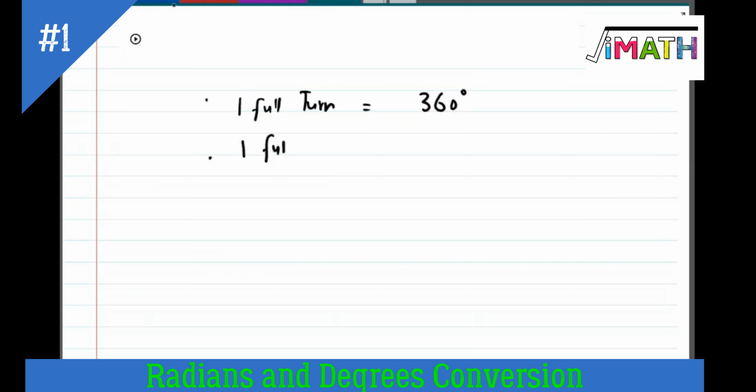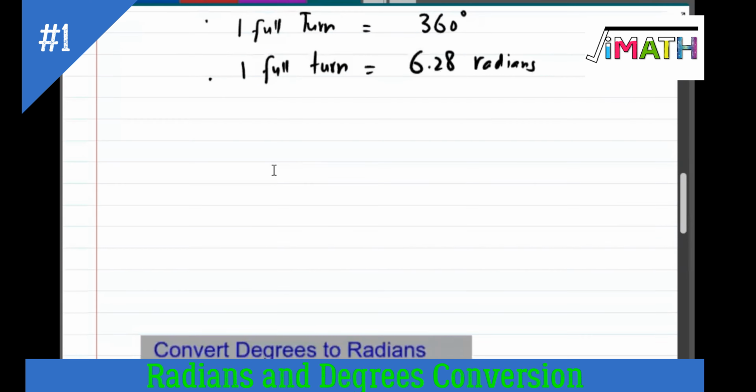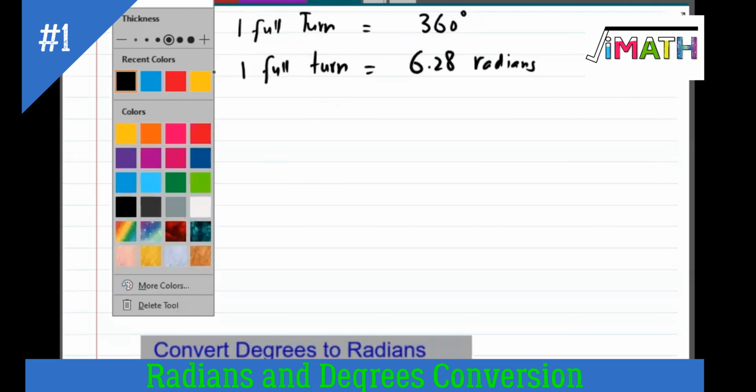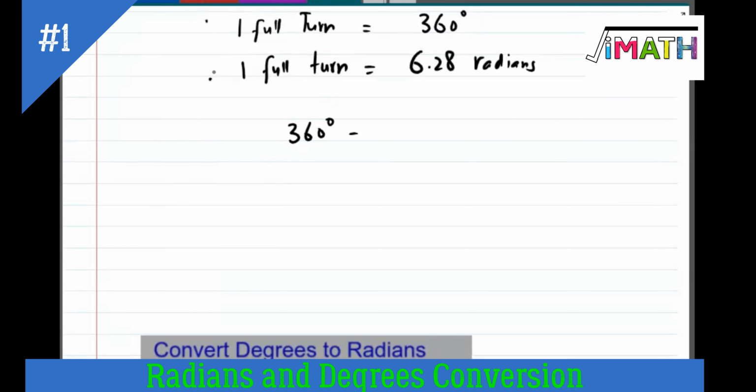One full turn in terms of radians is 6.28 radians, right? So if we create one full turn in degrees and one full turn in radians, we can take it as 360 degrees is equal to 6.28 radians.